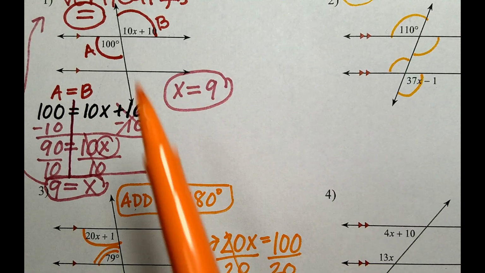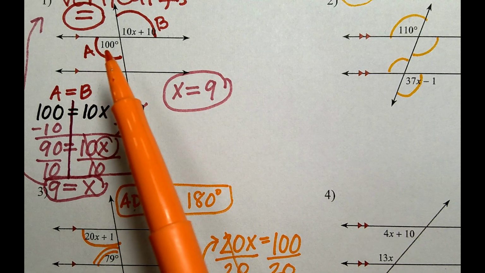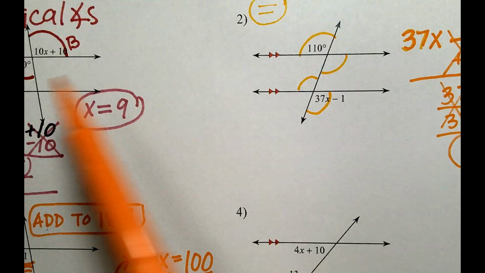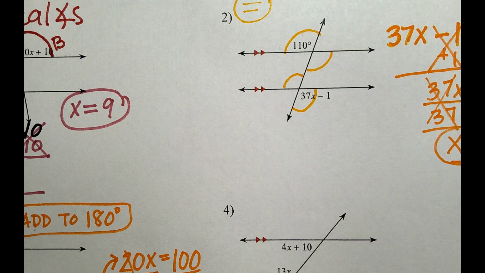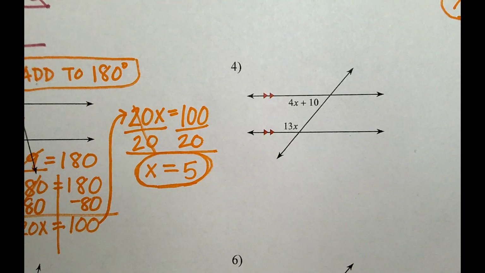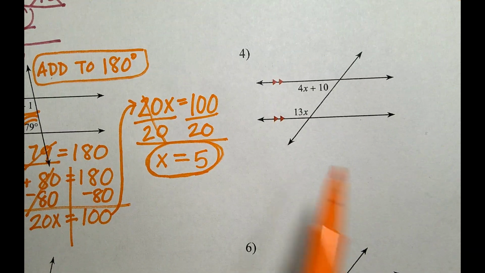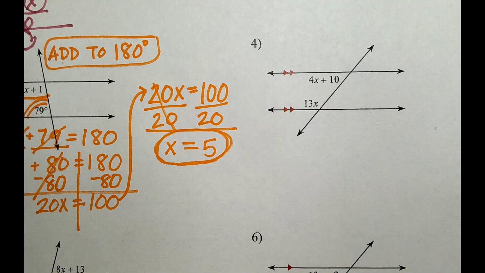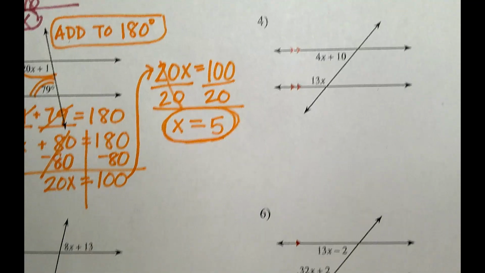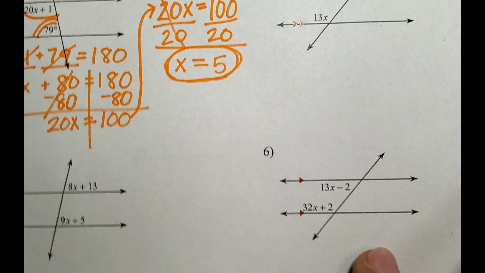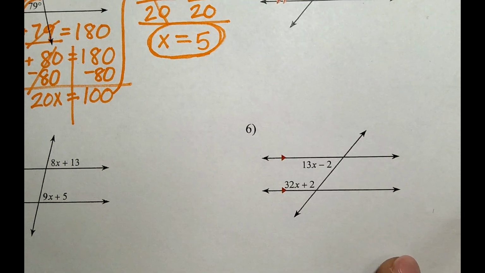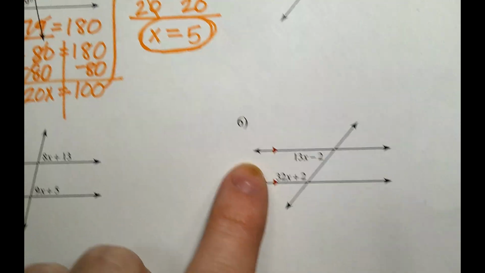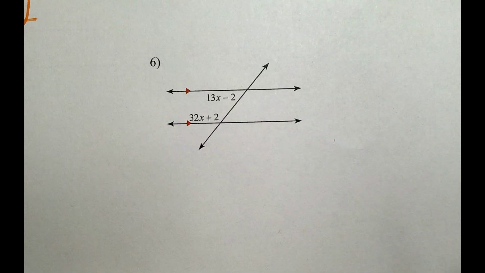Your last 2 problems we had this angle was 100, there was no x. This one was 110, no x. But what if we have something like number 4? Or even, let's do one that might even be trickier than that. How about we look at number 6? And I'll leave the others for you guys to go back to. I want to look at number 6 for a second.